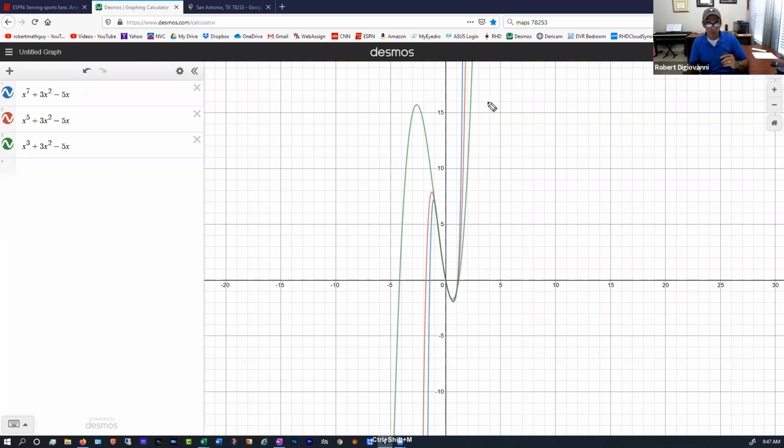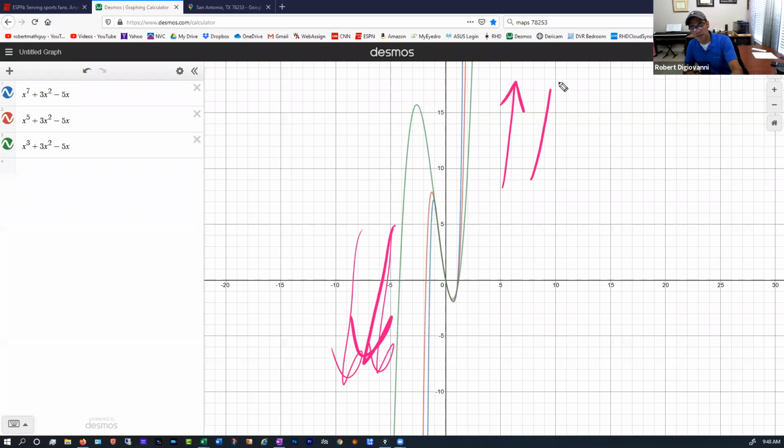Now, would you agree that in all of these cases, the left side of these graphs goes down? These left sides start to go down, and the right sides of these seem to go up. So the left is going down and the right side is going up.